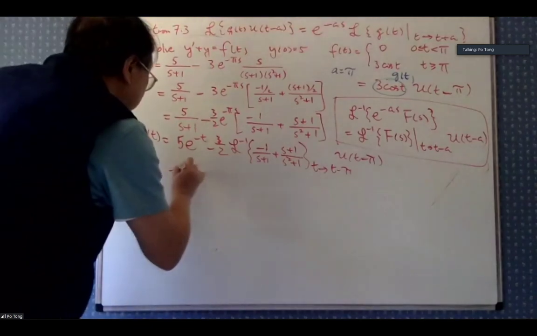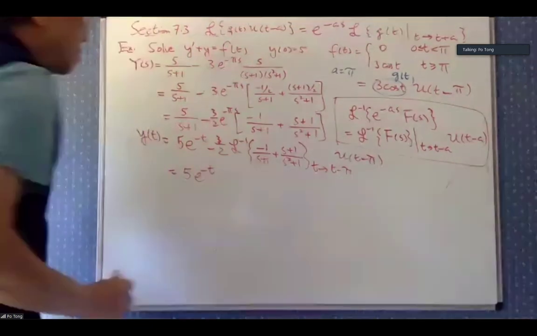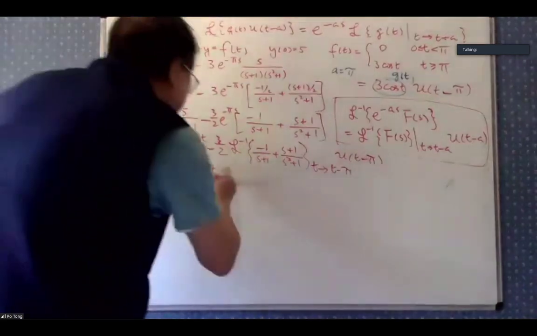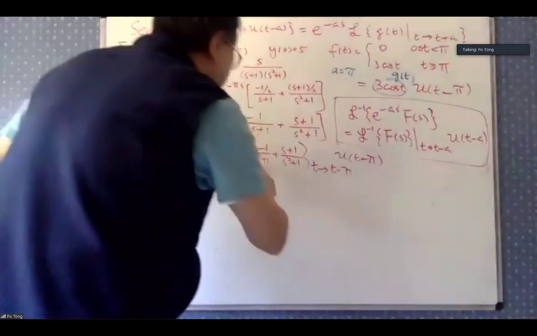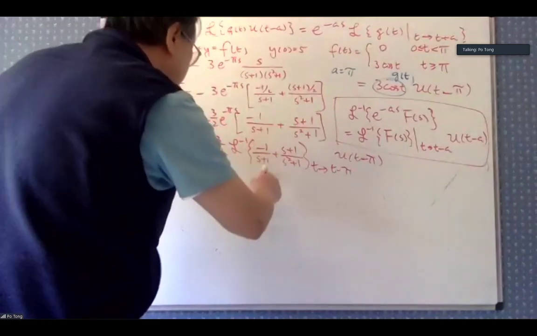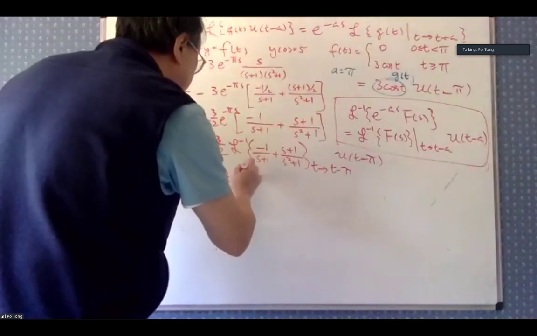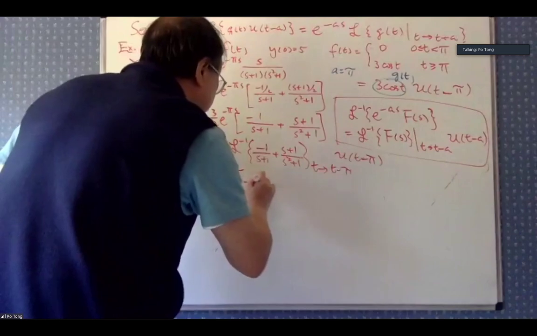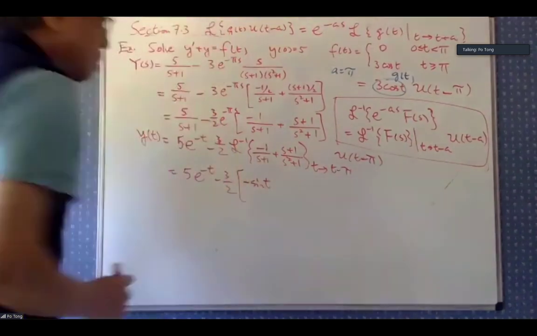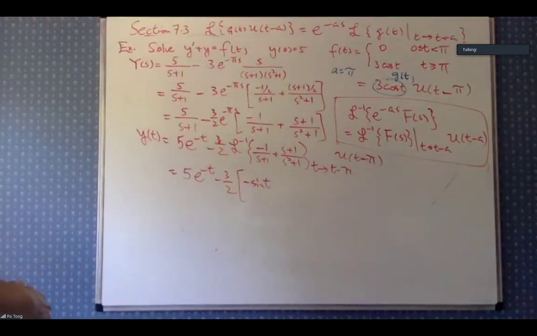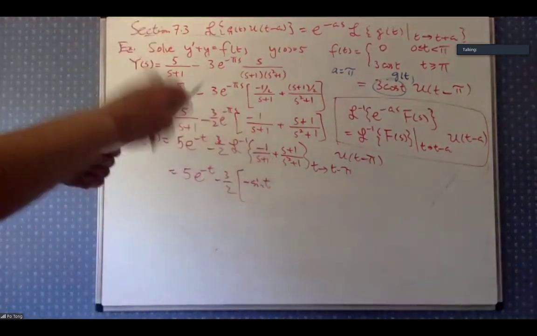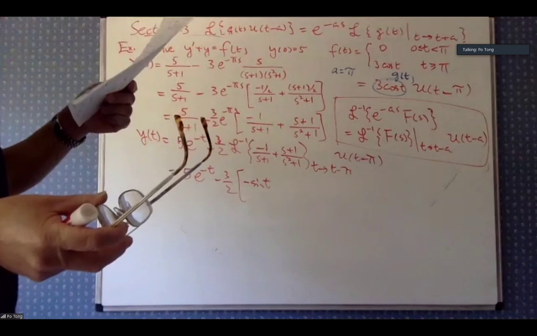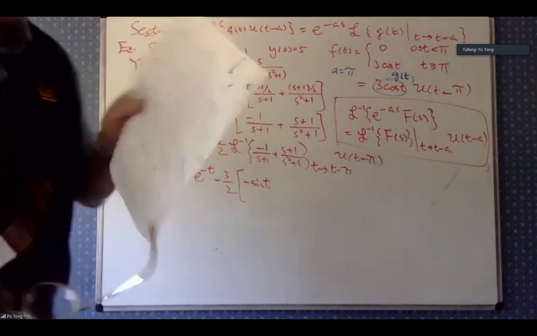This is going to be 5 e to the power minus t minus 3 over 2. Now the inverse transform of this guy here, what is this? That guy here is negative sine t. Is it okay? Did they cancel? Let me see whether they cancel.